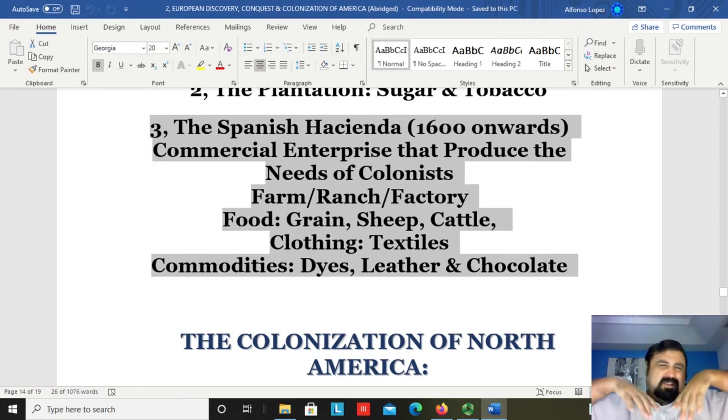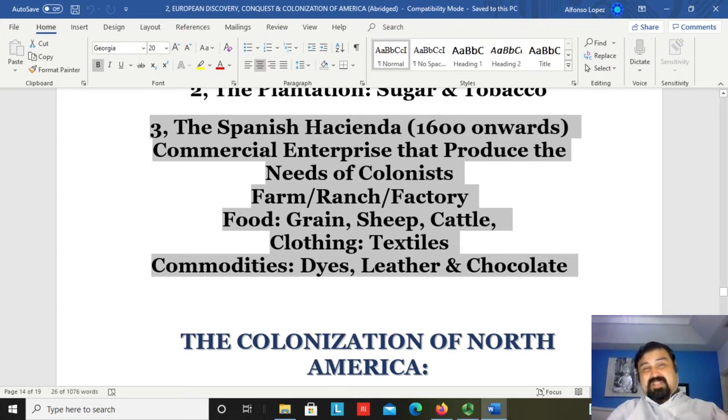So across the Spanish Empire in the Americas, there were literally thousands of haciendas scattered across the territory, because those were the places where all of the food, the clothing, and the commodities were made.